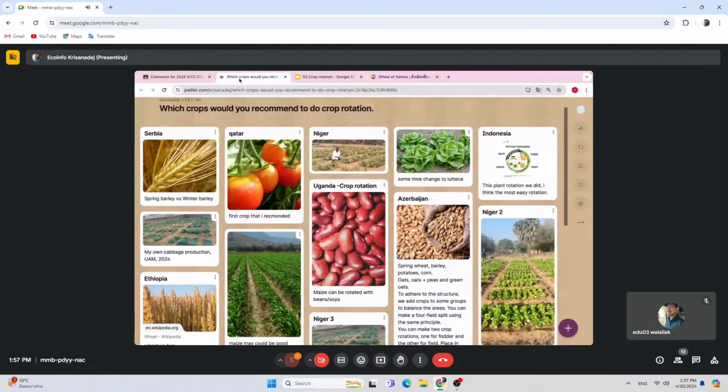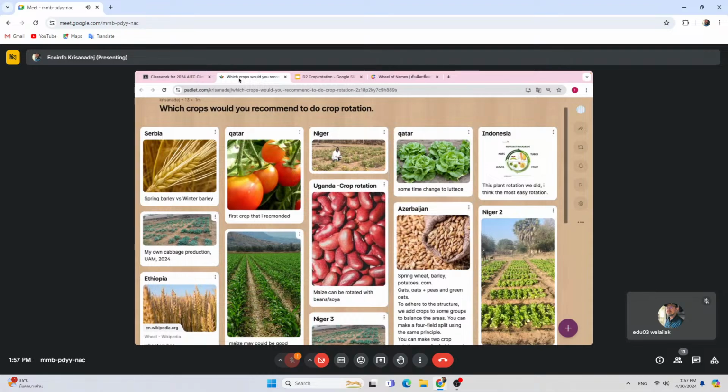If you want to put the name of your country, you can see this in your Padlet. There's three dots, and when you click it, there's edit. So you can go back to your post and then write down the country's name.